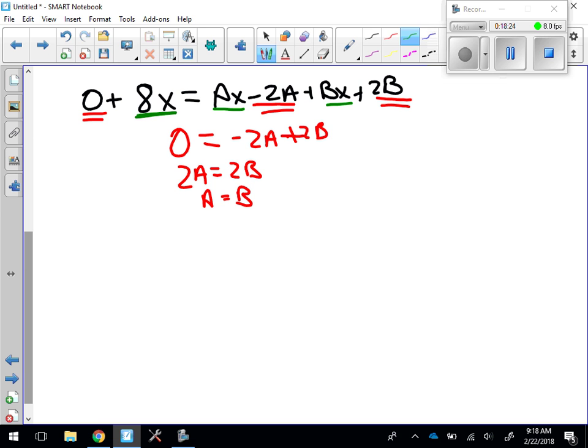So those were the constants. I'm going to do the same thing with the coefficient of my x's. So on the left-hand side, the coefficient of my x's is 8. And on the right side, it's a plus b.